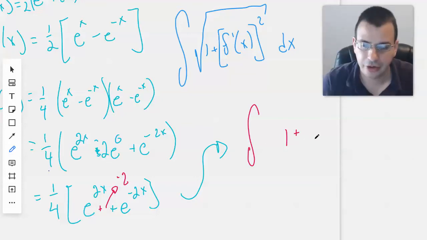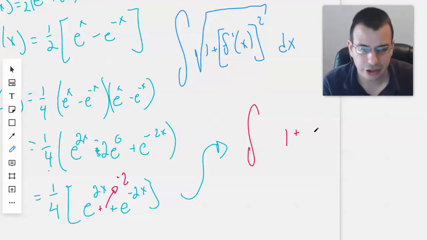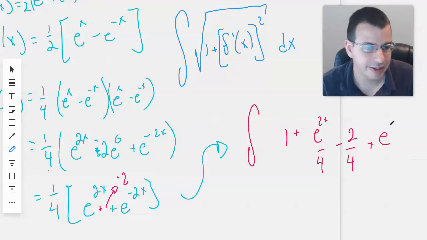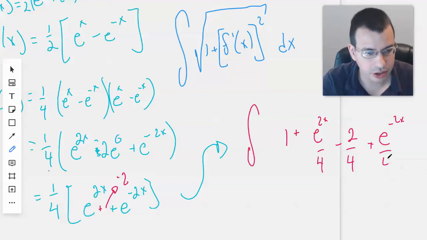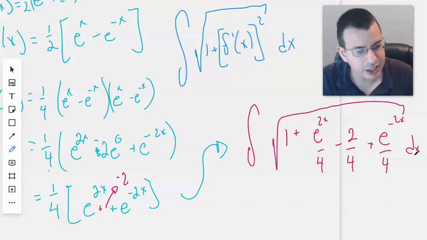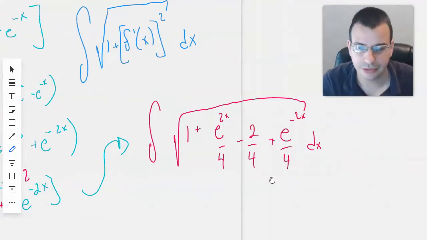There we go. Let's see. e to the 2x over 4 minus 2 over 4 plus e to the negative 2x over 4. Okay. Square rooted dx. And now we're going to have to do a little bit of algebra.